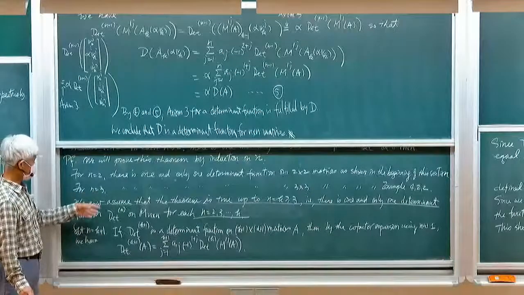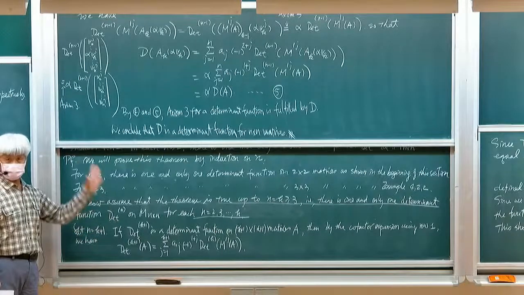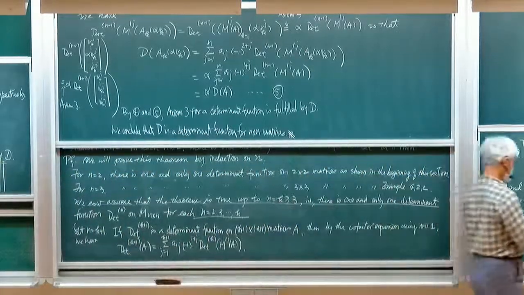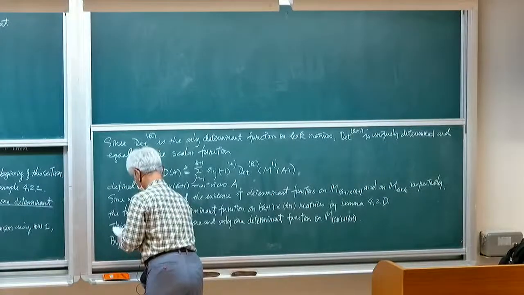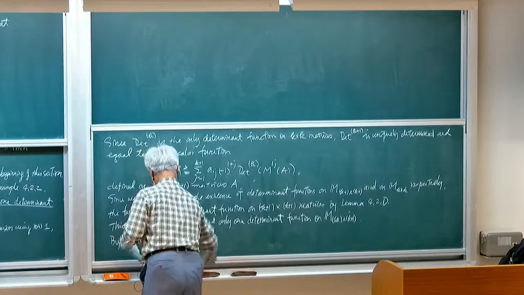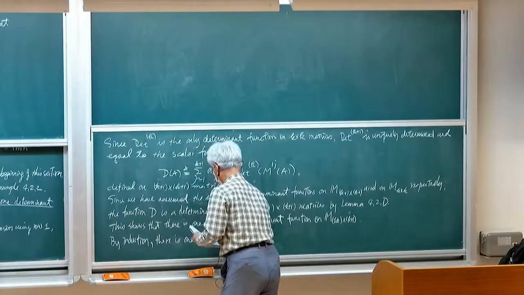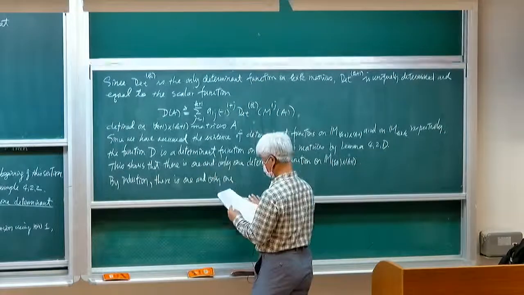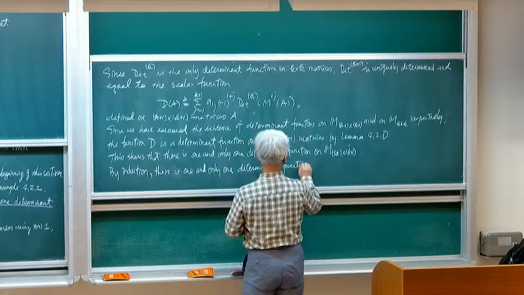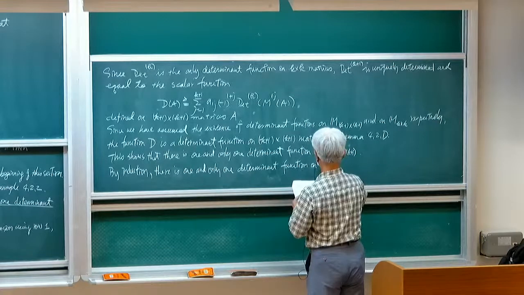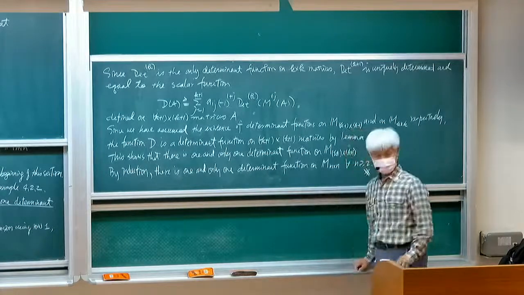Now the theorem is true for n equal to 3 and 4, so by induction, the theorem is true for n equal to 5, etc. So by induction, there is one and only one determinant function on n by n matrices for all n greater than or equal to 2. Okay, so we finished the proof here.